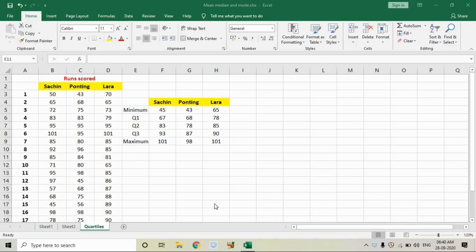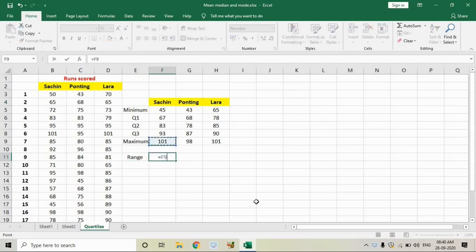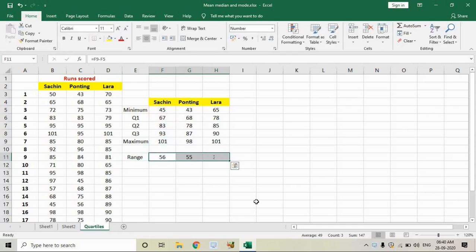I hope you guys are okay till now, and I have added the minimum value to find the range of a particular series. So range is the difference between the maximum and minimum values. Maximum minus minimum. So these are the respective values.